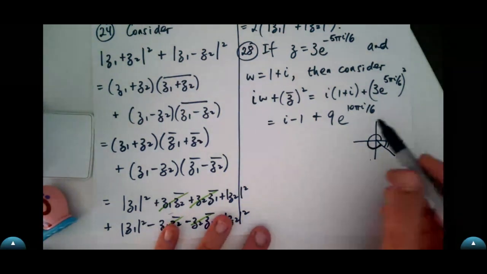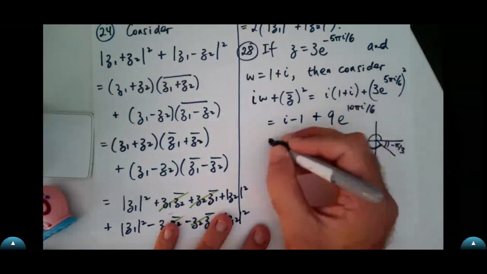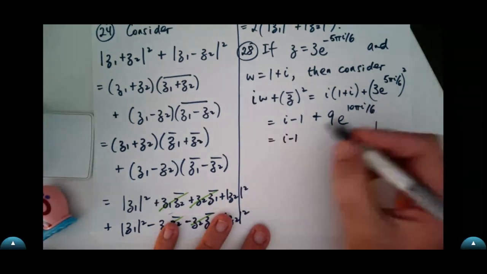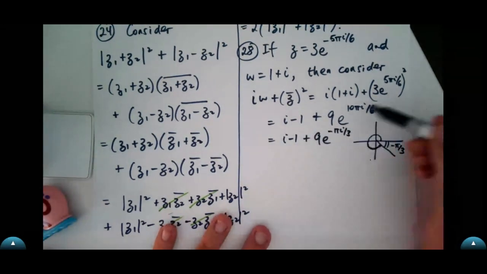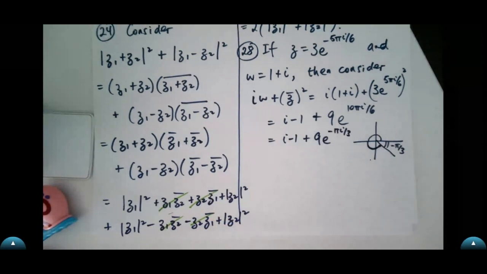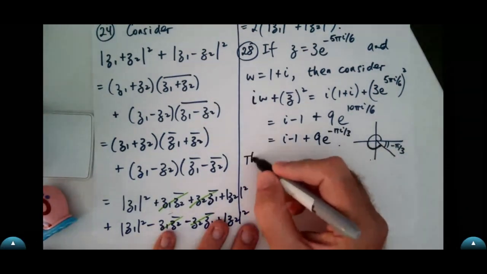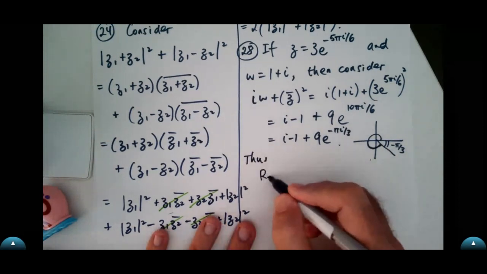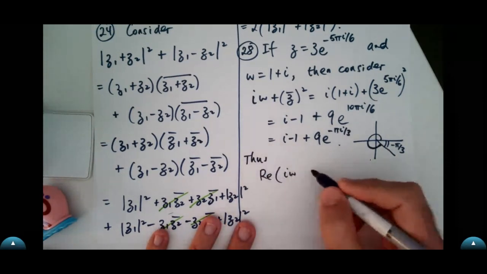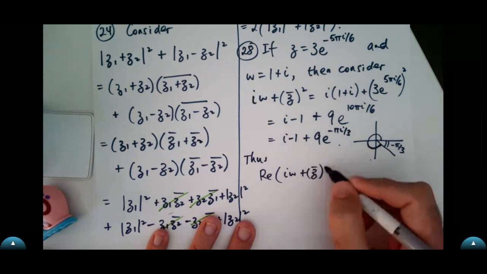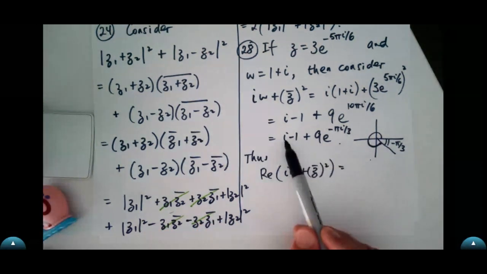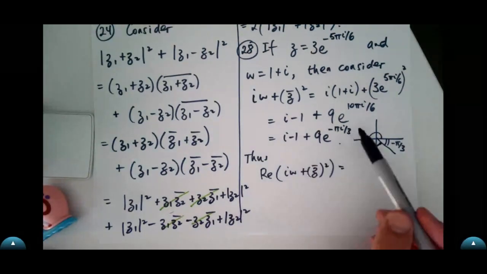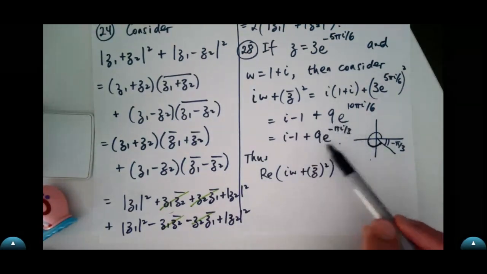Okay, so if we want the real part of this, I've just changed that now to get the smaller angle between -pi and pi. The real part of this, so what's the real part? Obviously, that's not going to be part of it. That's going to be part of it. And what's the real part of this?